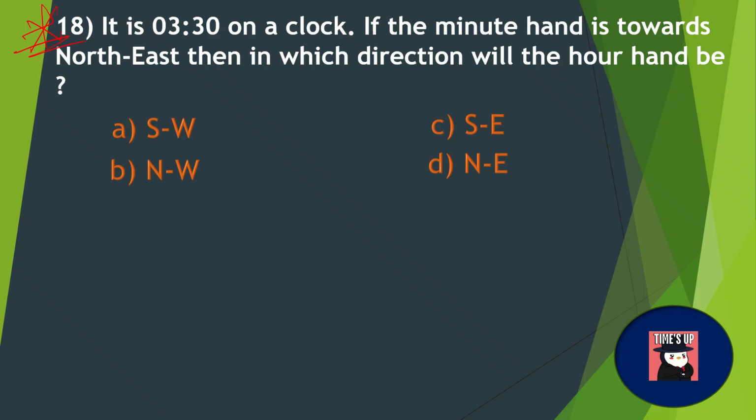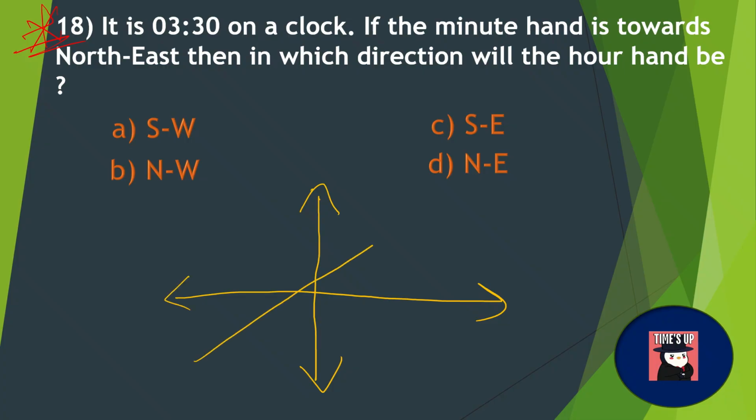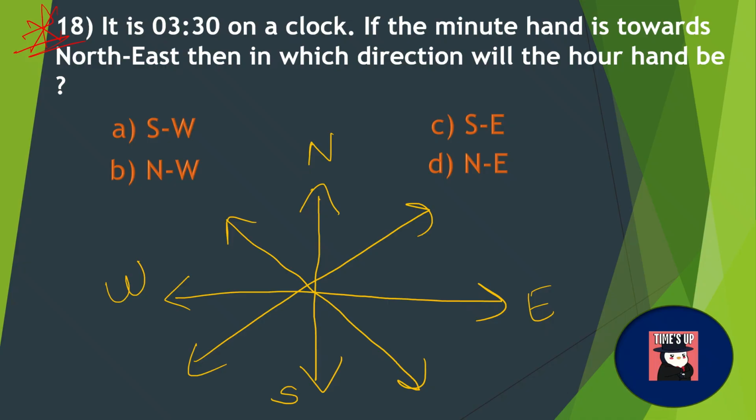In this case, how you need to solve this? You need to know only direction and distance. That's it. This is north. This is south. This is west. This is east. So this will be northeast, this will be northwest, this will be southwest, this will be southeast.